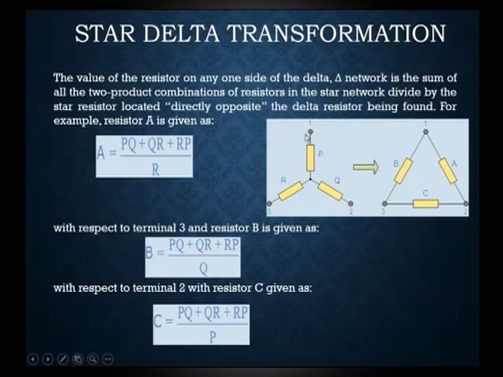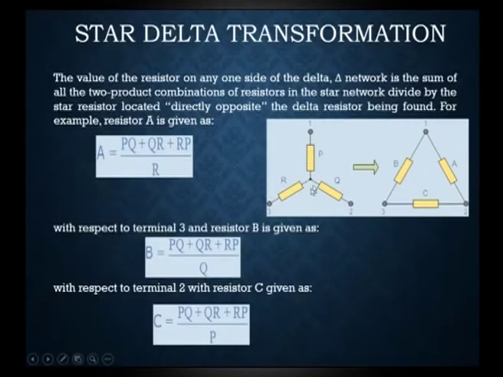So, if we connect an element here, that is a resistive element from 1 to 2, in the delta it is the A element. That will be equal to the product sum of all the elements, that is PQ plus QR plus RP, divided by the star resistor located directly opposite to that.